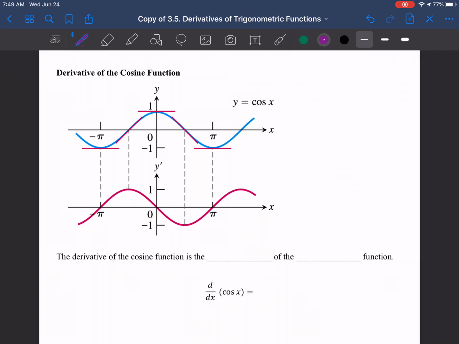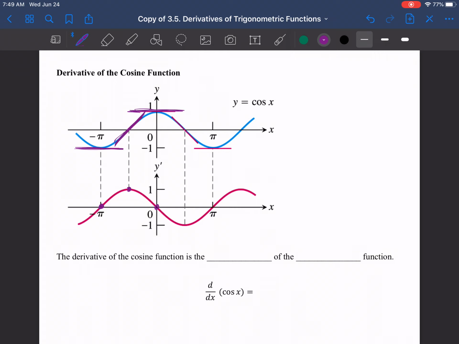If we start over here at negative pi, we have a slope of 0. So if we come down and put a point at 0 right there, then here at negative pi over 2, we have a slope of 1. So you come down here, and you get a 1 right there. Then you go up here, and you're back to a slope of 0. So you go back to a 0, right?